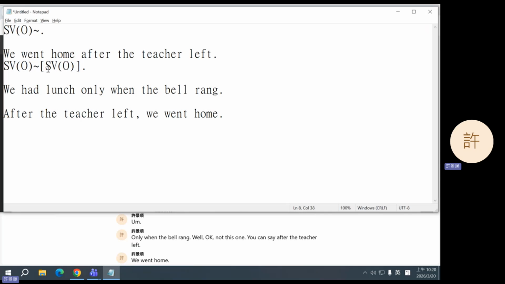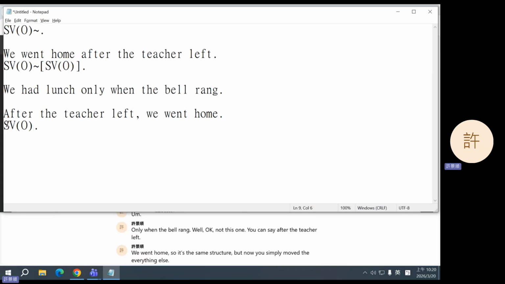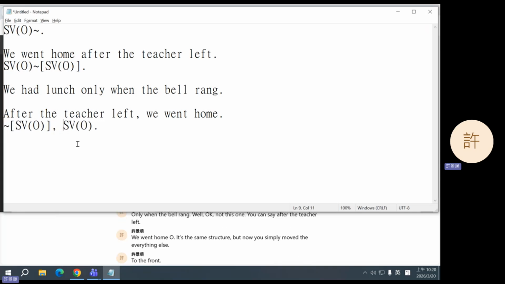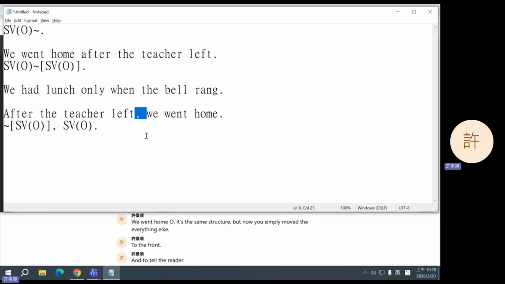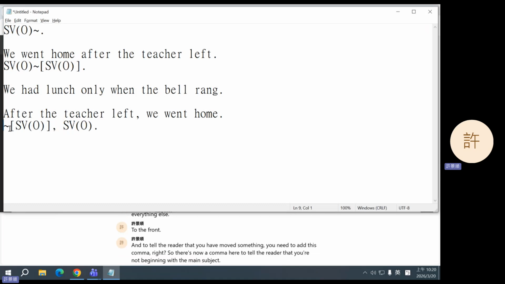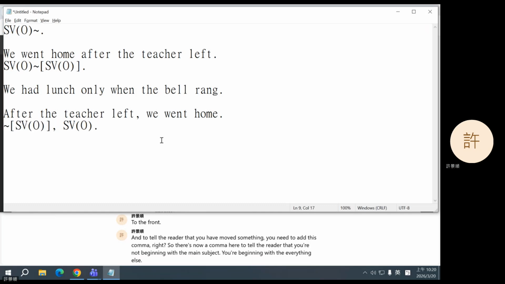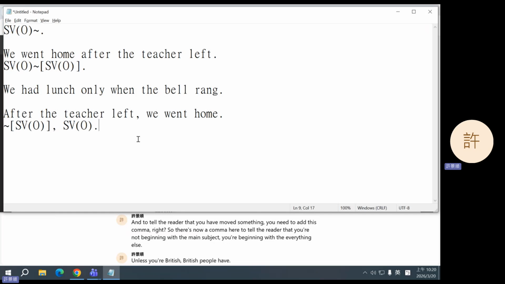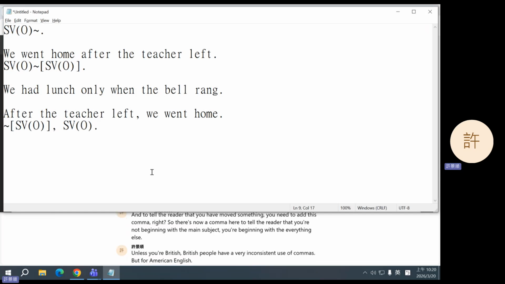So it's the same structure, but now you've simply moved the everything else to the front. And to tell the reader that you have moved something, you need to add this comma, right? So there's now a comma here to tell the reader that you're not beginning with the main subject, you're beginning with the everything else. Unless you're British. British people have a very inconsistent use of commas. But for American English, you should add the comma.